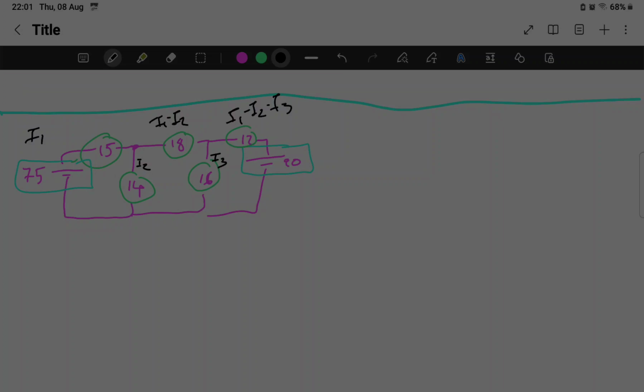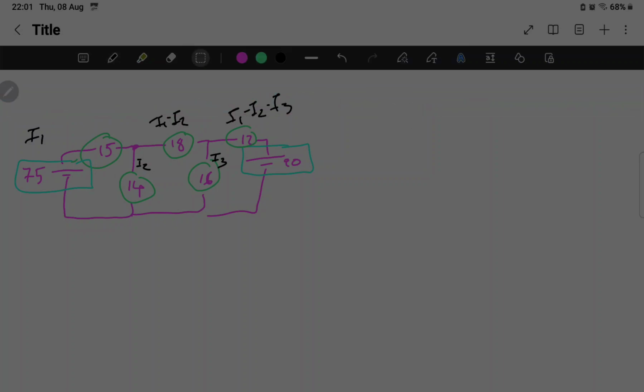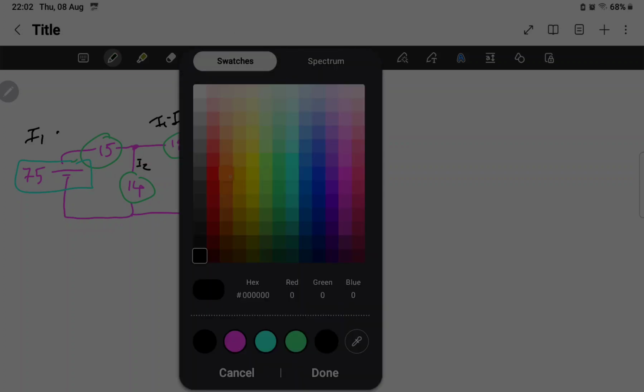So what we're going to do next is we're going to have to label this. So this will be our, let's get a different color, red.